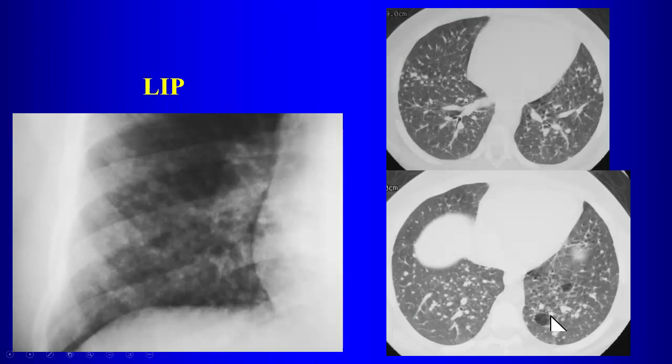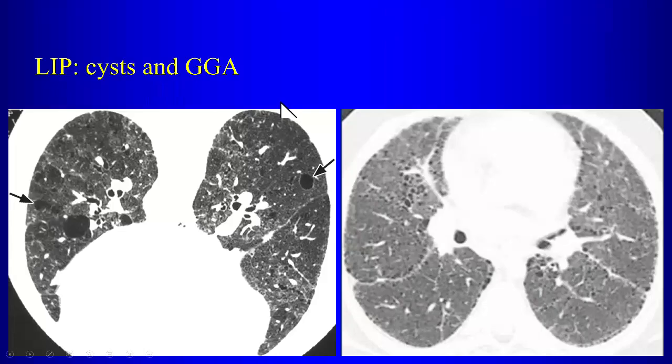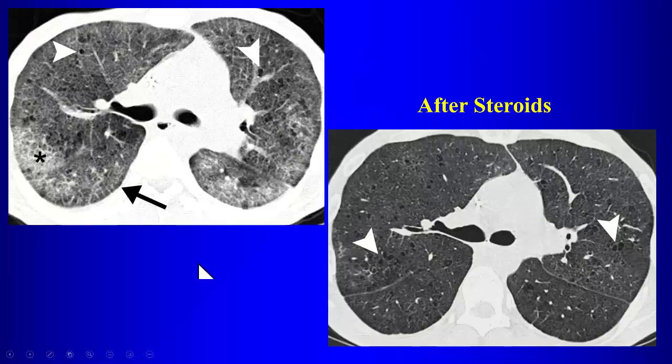So if we're discussing idiopathic interstitial pneumonias and we see cysts, then you might think of LIP. Here are more examples of the cystic changes that you can see with LIP. Here are smaller cysts in this case, some larger cysts in this case. That's why in Sjogren's syndrome, if we see a patient with cystic lesions in the chest, we will suggest LIP secondary to their underlying Sjogren's.